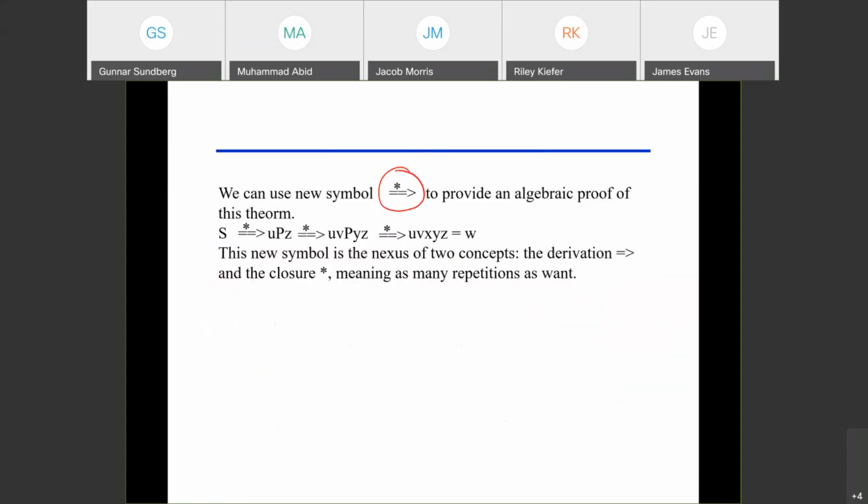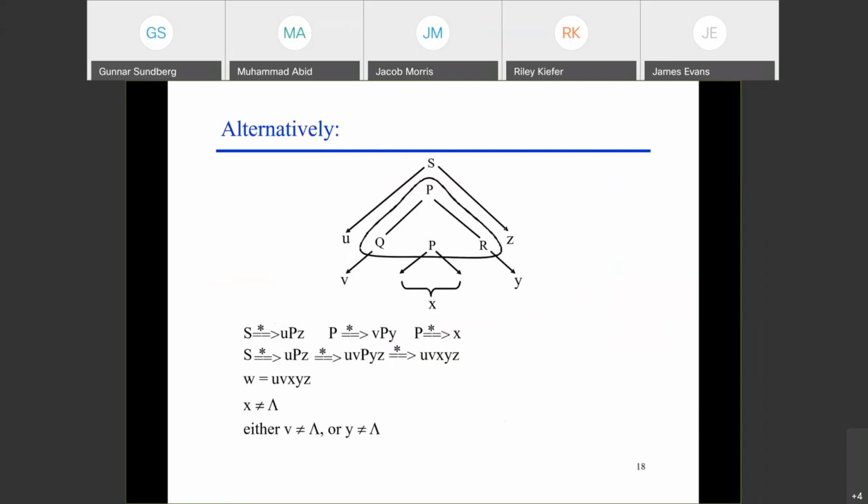So you can write that here. Because of this, S can be UPZ, and so UVPYZ. This way you can generate your word as many times, because this means that you can derive also, and apply the closure property on that also.